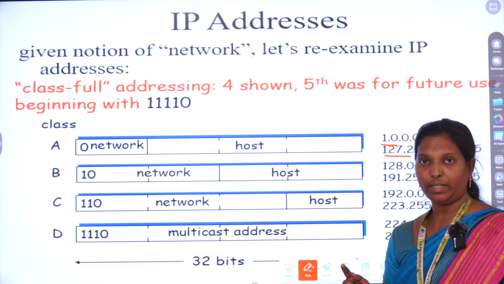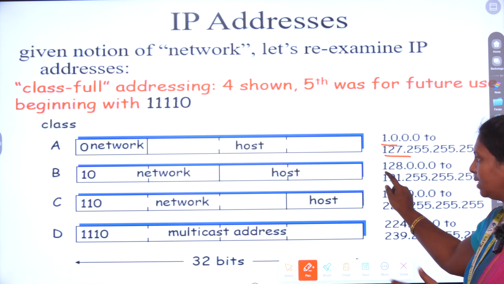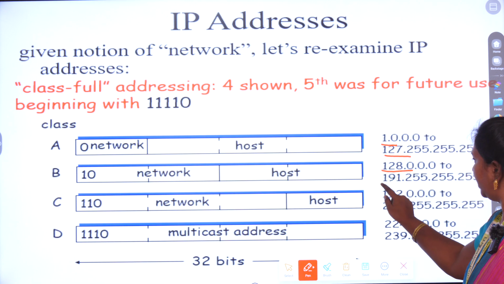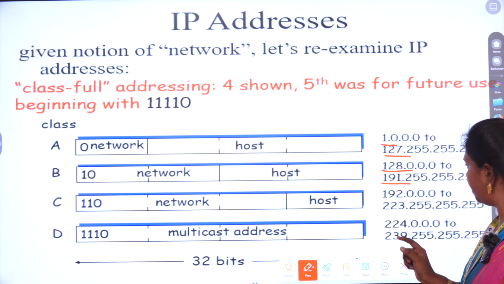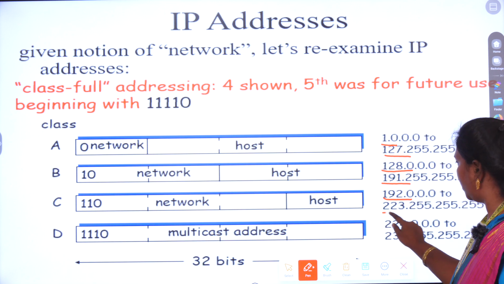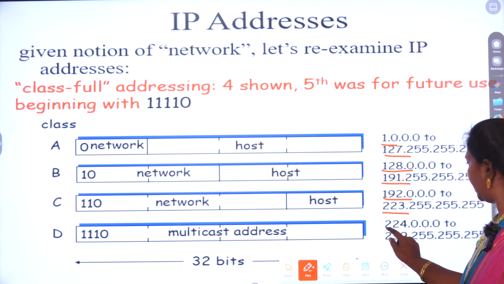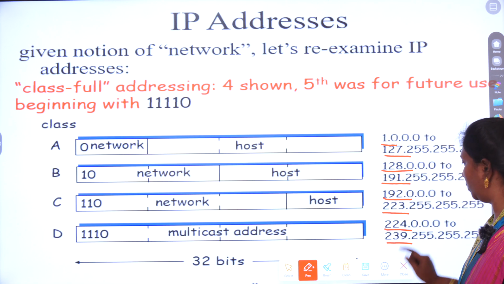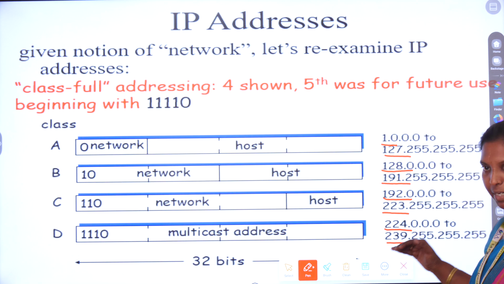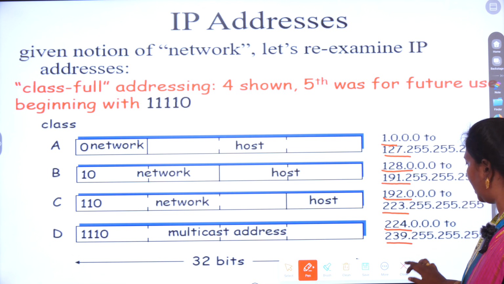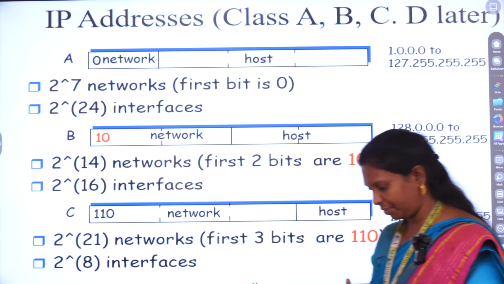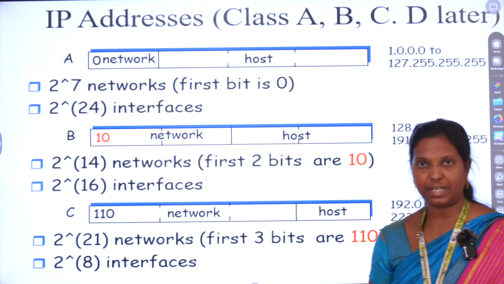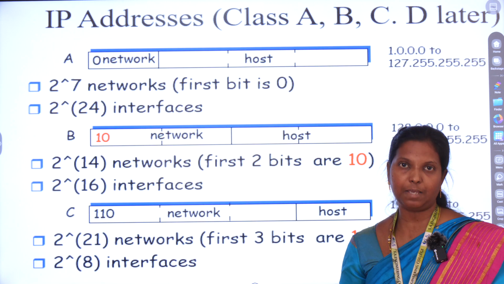Definitely it should be 1 to 127, and in the second category, class B, it is 128 to 191. So this is what highlights class B, and class C is 192 to 223, and later on class D is 224 to 239. Till these IP addresses it will be allowed, and we don't have other options of multicasting. If you go for multicasting and other reserved areas, definitely it should be for class E purposes.